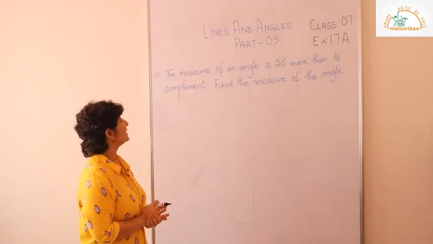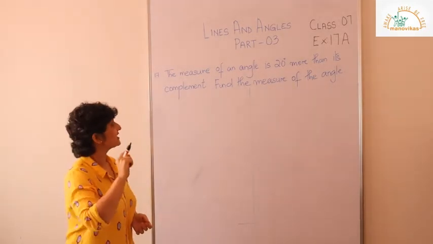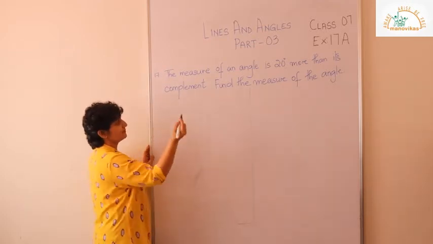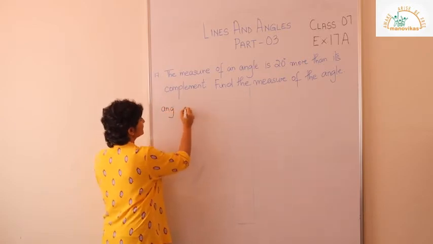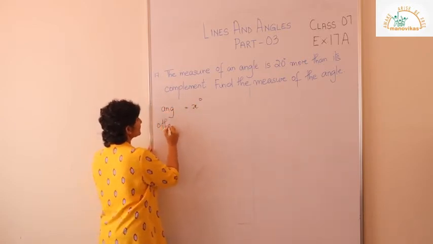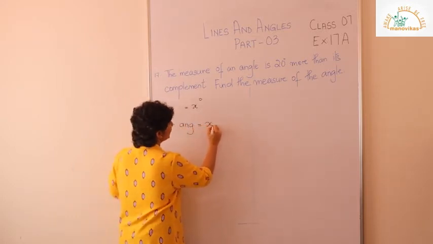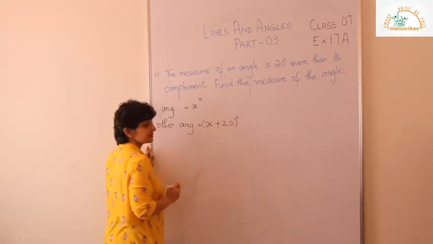Question 17. The measure of an angle is 20 more than its complement. Find the measure of the angle. So if one angle is x degrees, the other angle is what, children? Can you tell me? 20 more means x plus 20 degrees, correct?